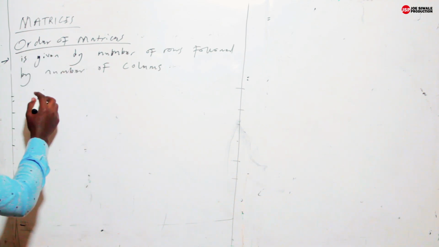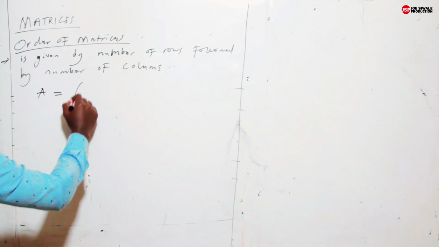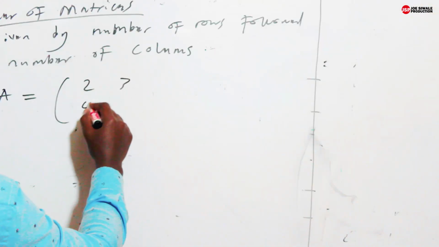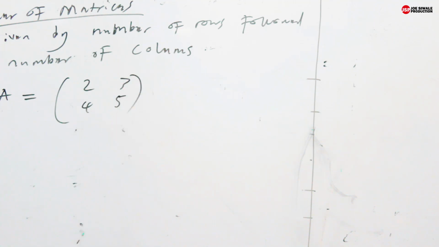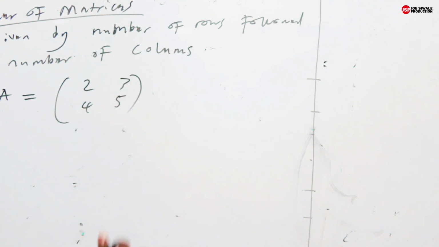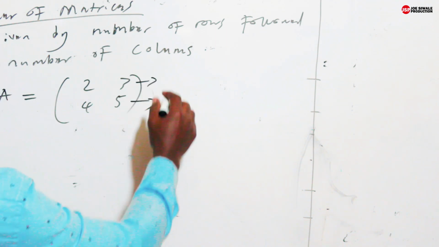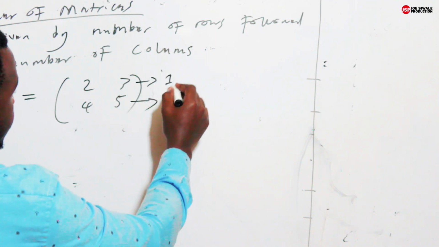So for example, if we have matrix A, in matrix A we have 2, 3, 4, 5. And giving the order of this matrix, we're going to give the number of rows, then followed by the number of columns. So the number of rows, we're having 1, 2.